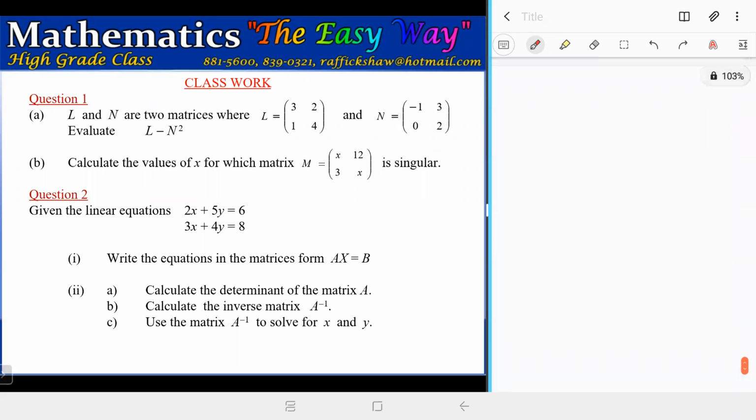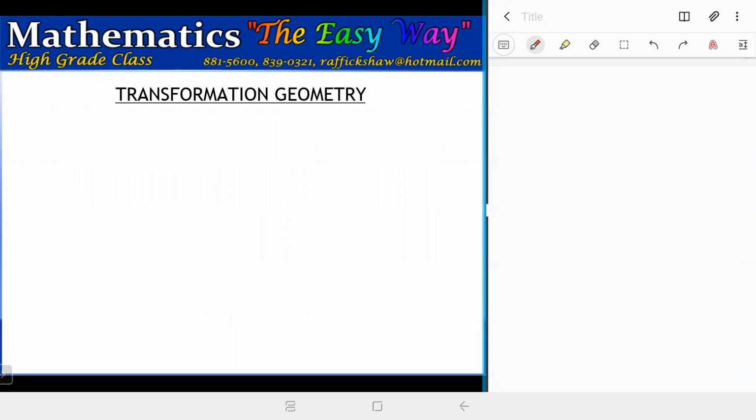All right. So it is now time for our transformation. Nicest topic in maths. Transformation geometry. So what is transformation?